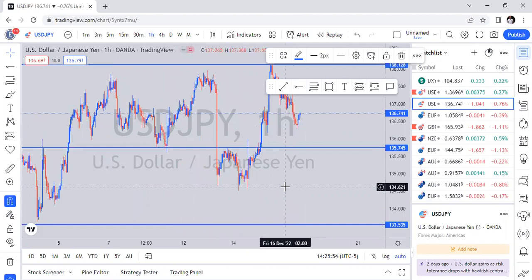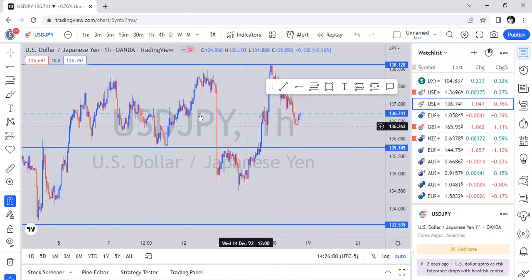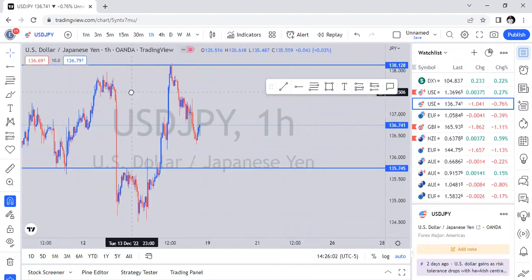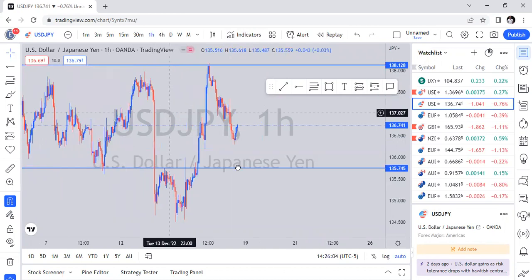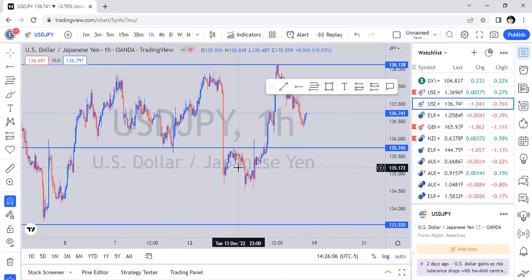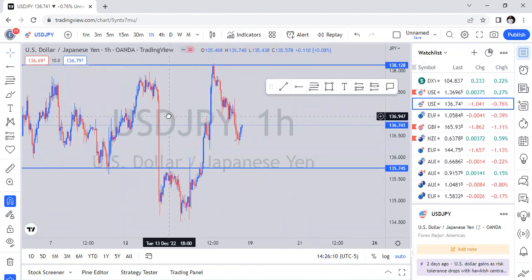If you are able to base your trading on these key levels, it increases your probability. It gives you high probability.